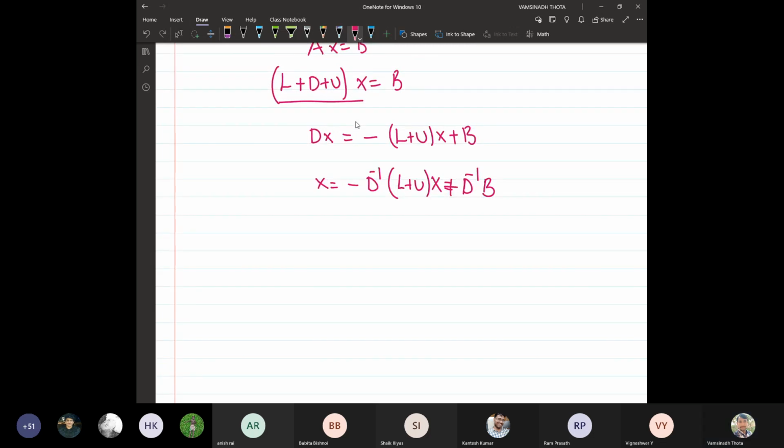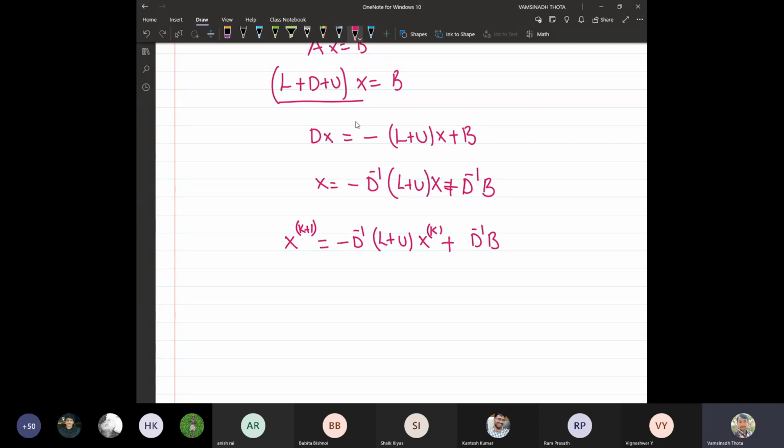Now what we are going to find out, the iteration is defined as the (k+1)th iteration is given by minus D inverse times (L + U) times the kth iteration plus D inverse times b.